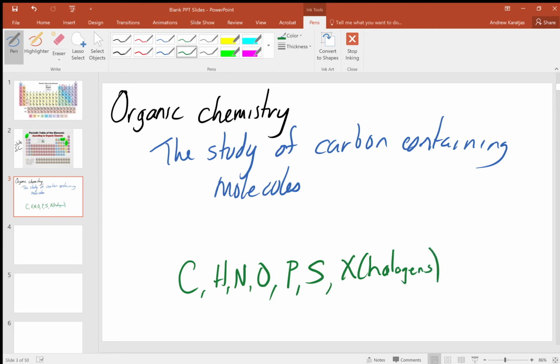But every organic molecule that we deal with is based on carbon. And carbon becomes the focal point of the element. It's the building block that the compounds we will study are made up of. These other elements will all be important contributors. But again, they're attached. They're not the focus of the molecule.